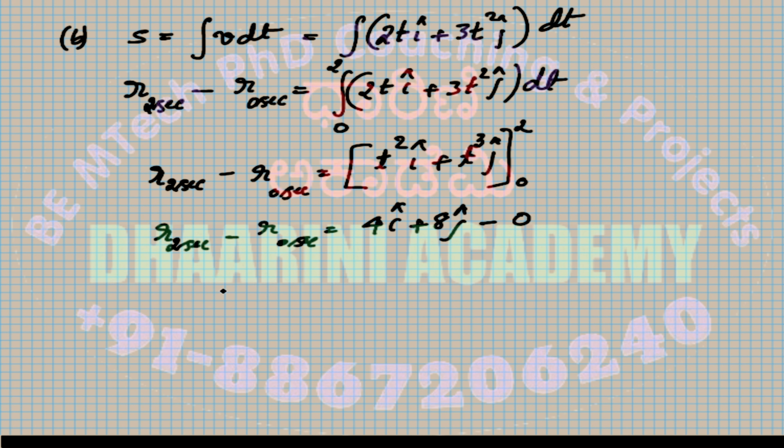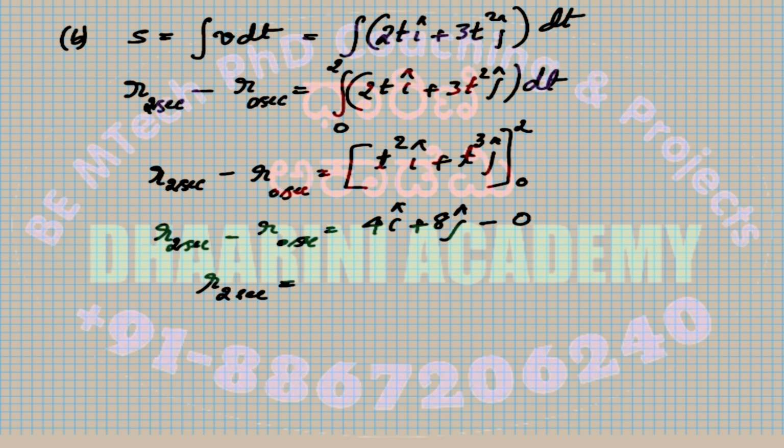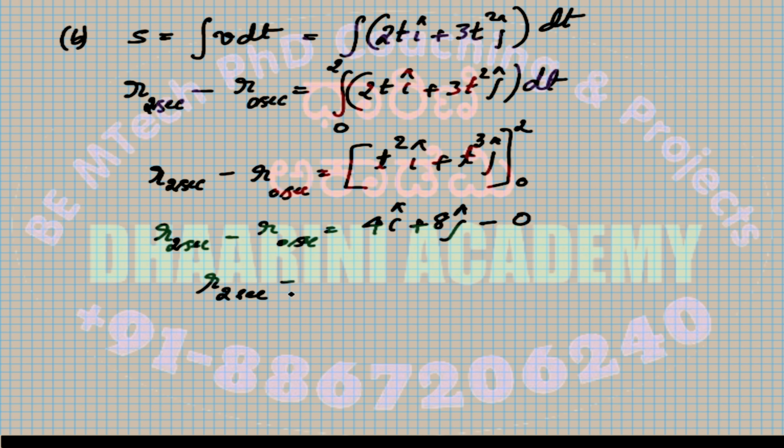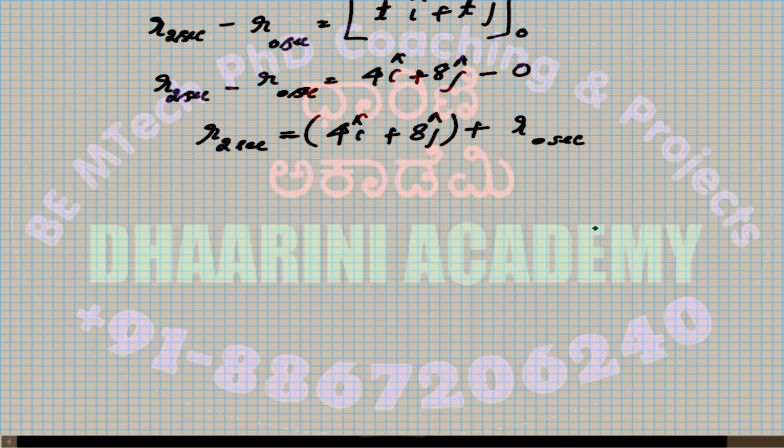So r at 2 seconds is equal to, I can rewrite this as 4 i cap plus 8 j cap, this term, plus I have to add r at 0 seconds. What is r at 0 seconds? It's the initial position, right?